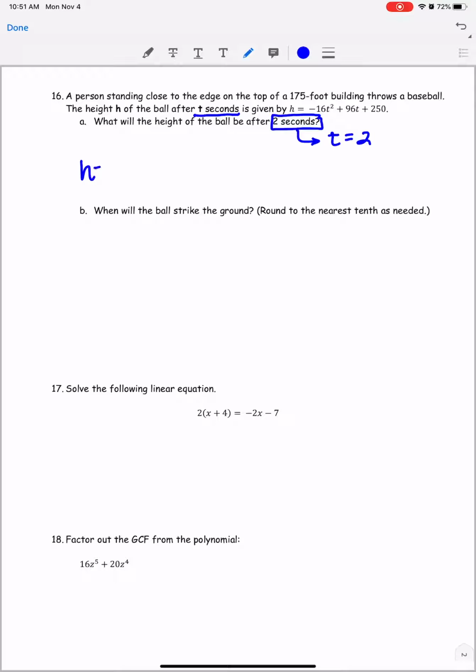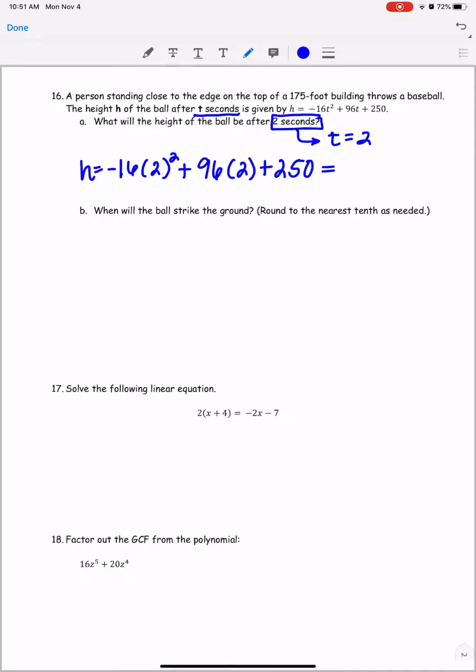So you've got h equals negative 16 times 2 squared, that's my t, plus 96 times 2, plus 250.